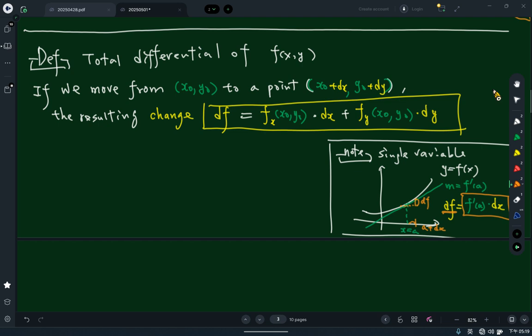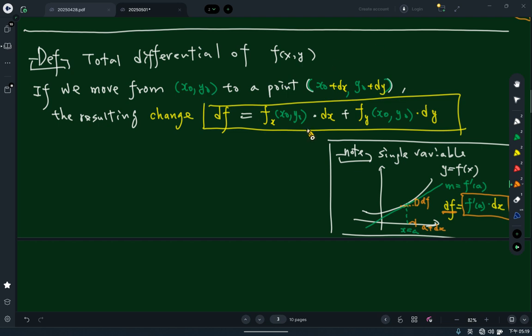So we just apply the idea to the two variable function. You can see if we just hide the y part, it will just go back to the single variable function case, right?